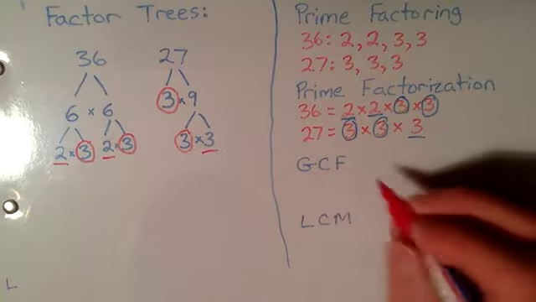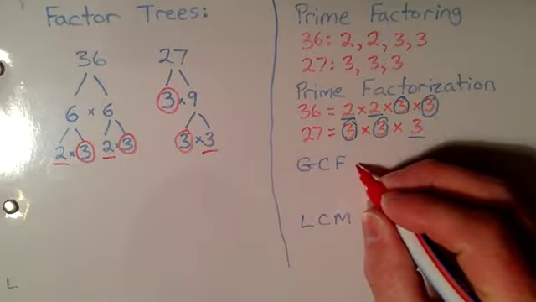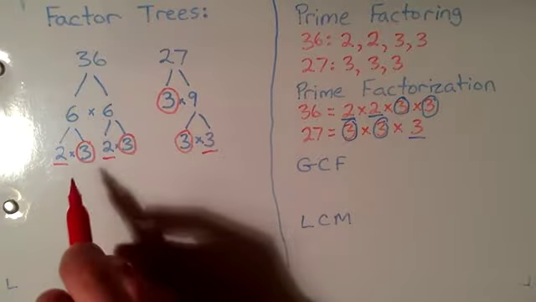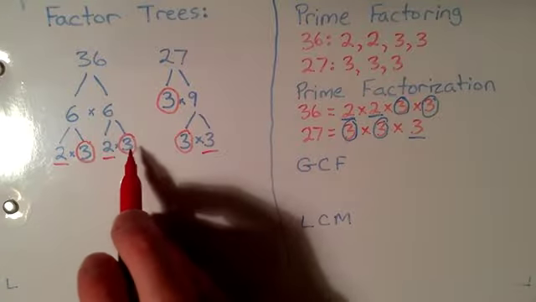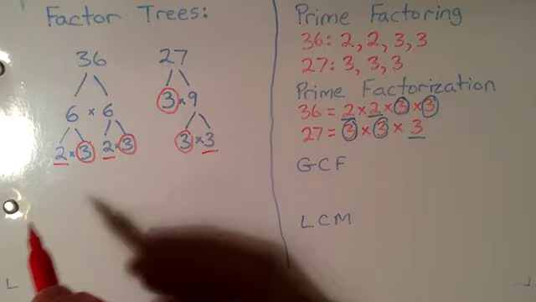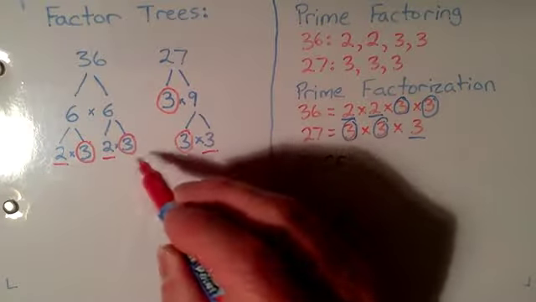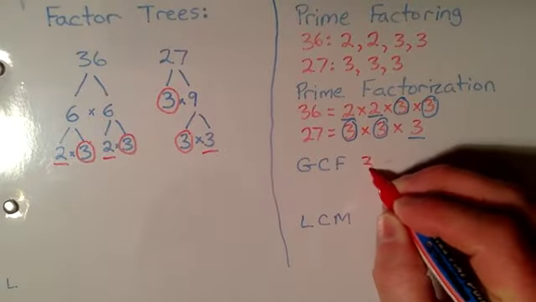So how does that help us find the greatest common factor? For the greatest common factor of both 36 and 27, basically all you have to do is multiply the circled numbers together. So we have a pair of 3s here and a pair of 3s here. So there's basically 2 3s that are common to that factor tree.